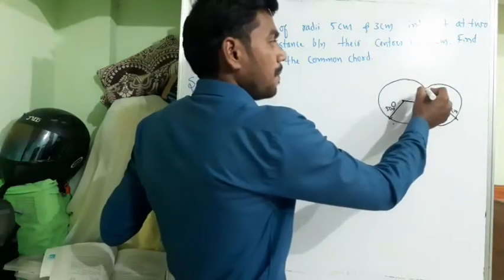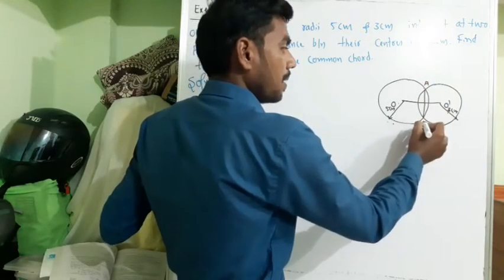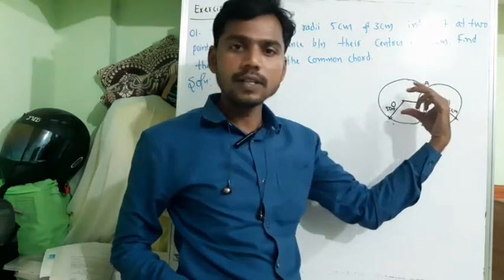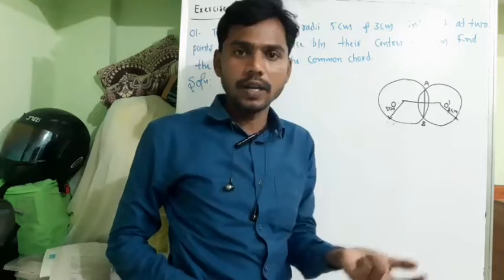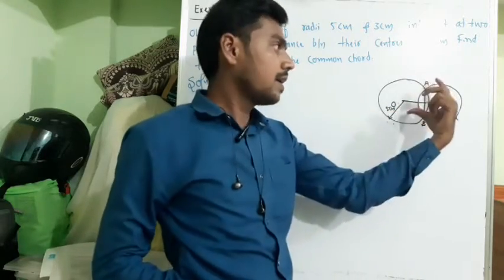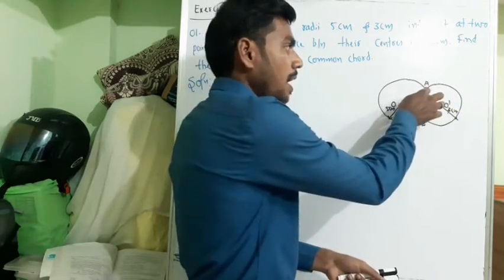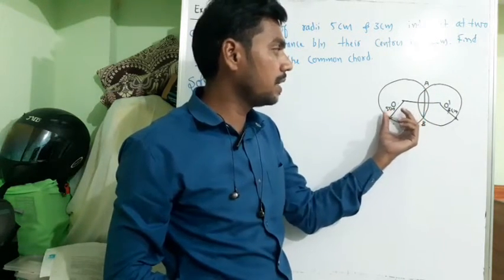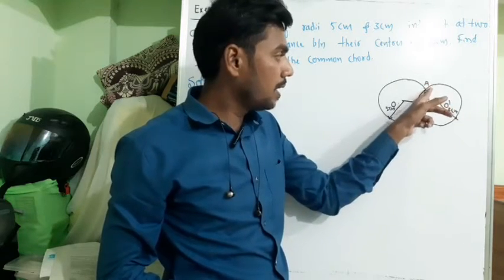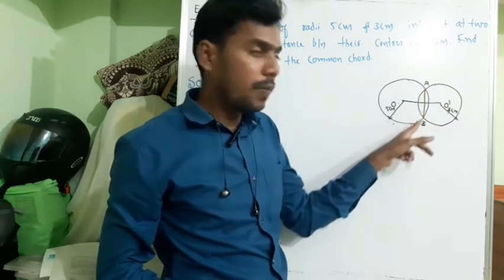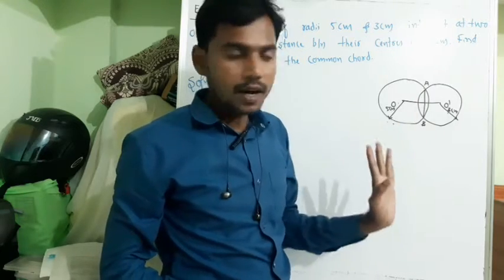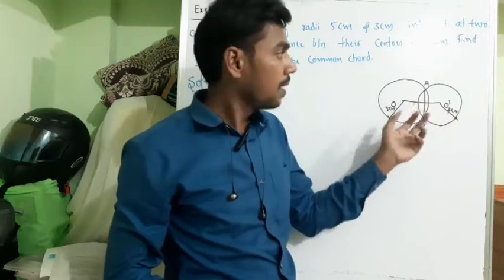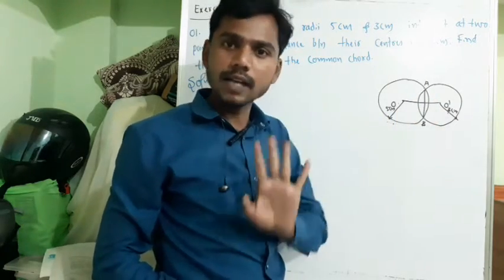Let AB be the common chord. What is a chord? A chord is a line segment joining 2 points on the circle. A and B are 2 points on the circle with center O and the circle with center O dash. So that is a chord for both circles, and that is the reason they call it a common chord.